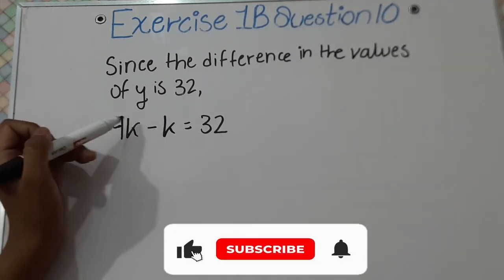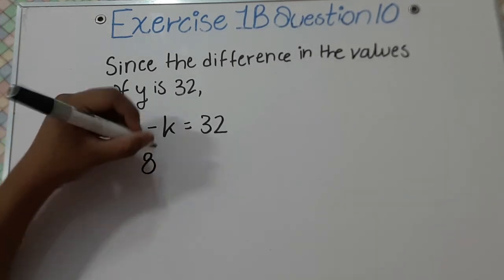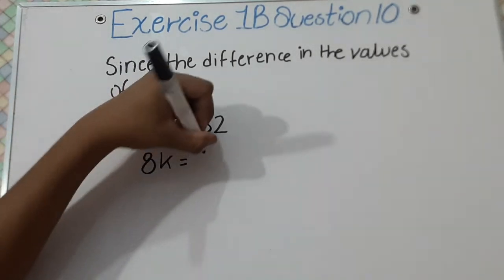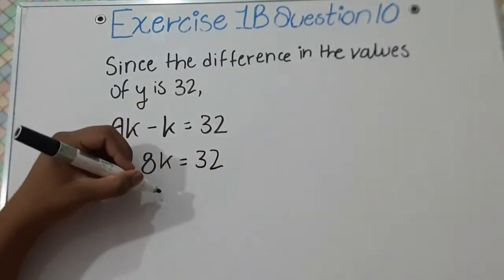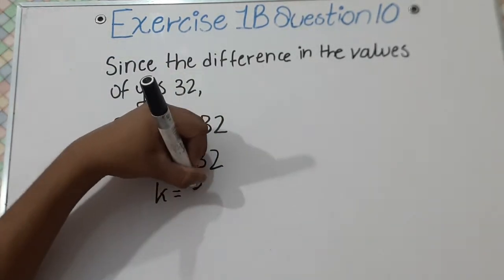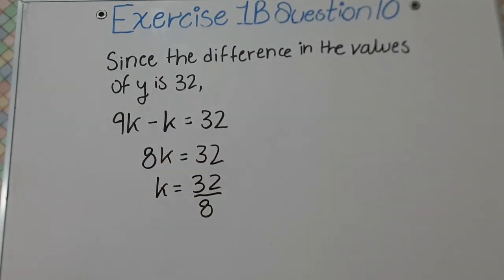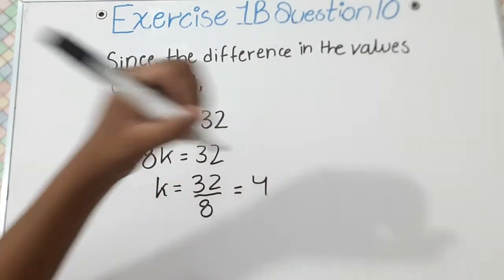So 9 minus 1 is 8, means 8k equals 32. If we make k the subject and divide 32 by 8, the value of k would be 4.